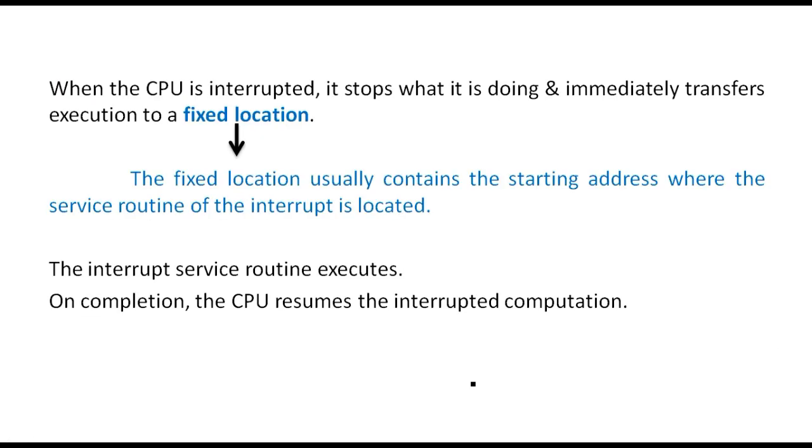When the CPU is interrupted, now currently P1 is processing in the CPU. Assume that when the CPU is interrupted, it stops what it is doing. So presently P1 is getting executed in the CPU. Now it stops what it is doing, means it stops P1, and immediately transfers the execution to a fixed location.